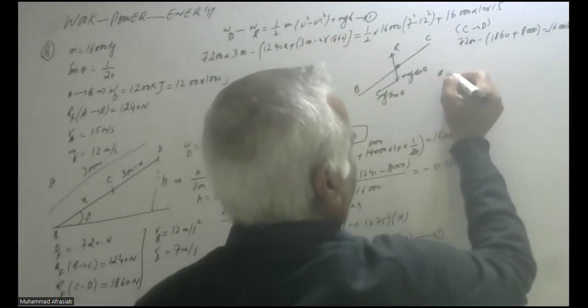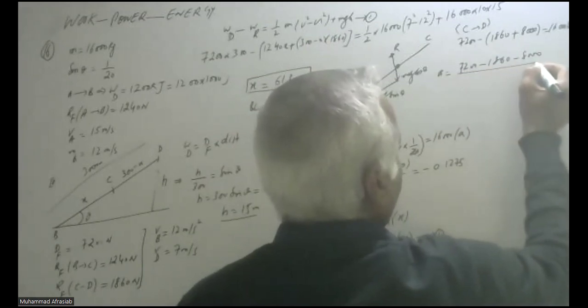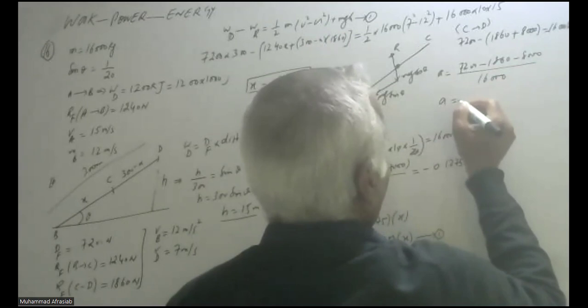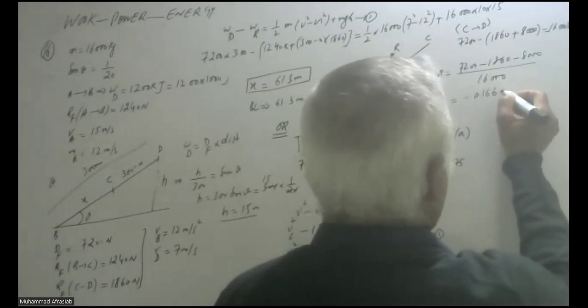So we can have this value of acceleration, 7200 minus 1860 minus 8000 over 16,000, and the value of a is equal to minus 0.166 meter per second square.